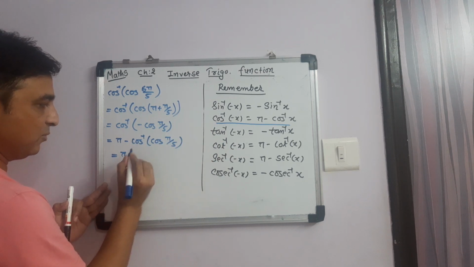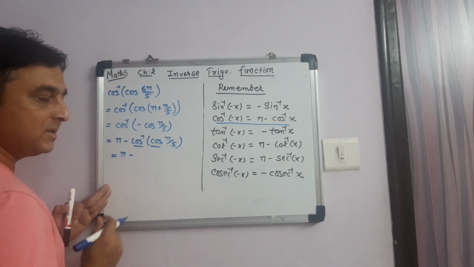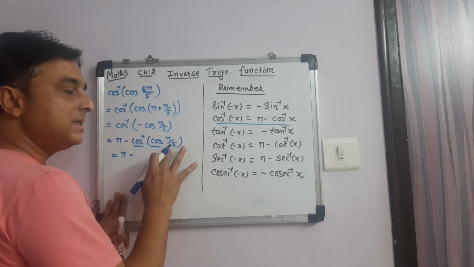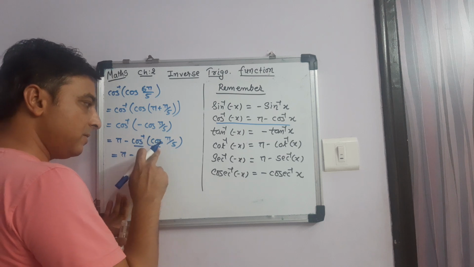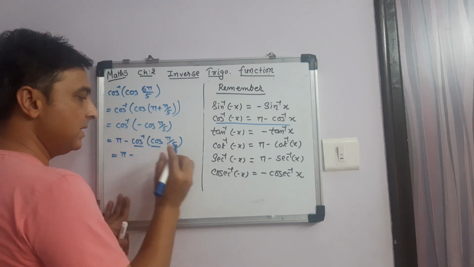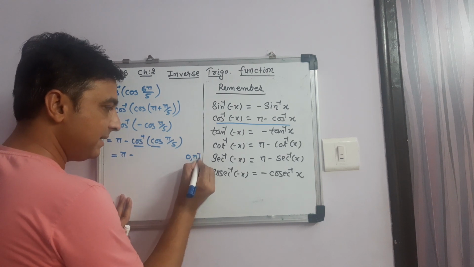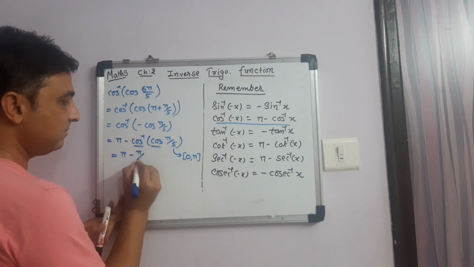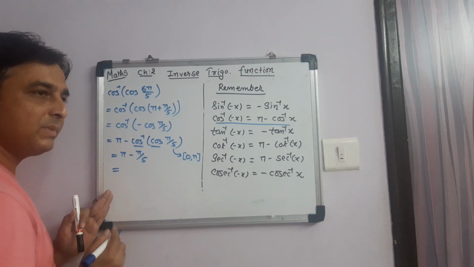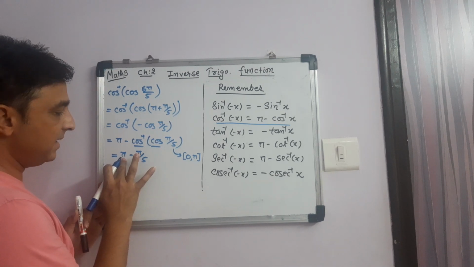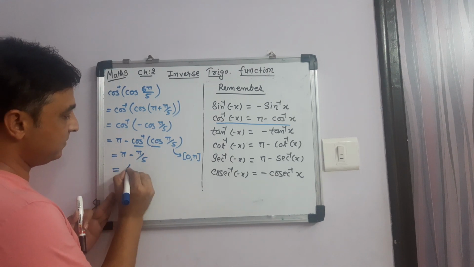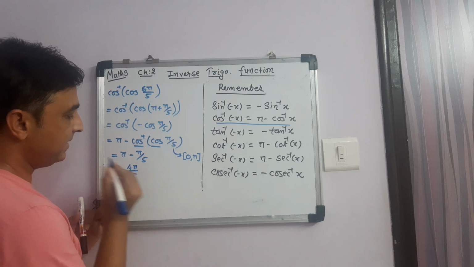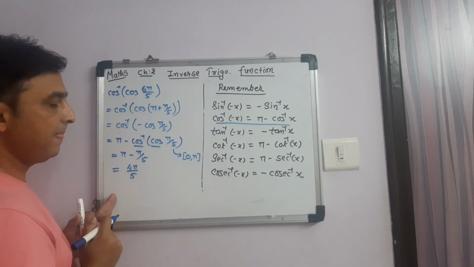Now it can be cancelled because pi by 5 is in the domain of cos and the range of cos inverse, 0 to pi. So pi minus pi by 5 is 4 pi by 5. This is the value.